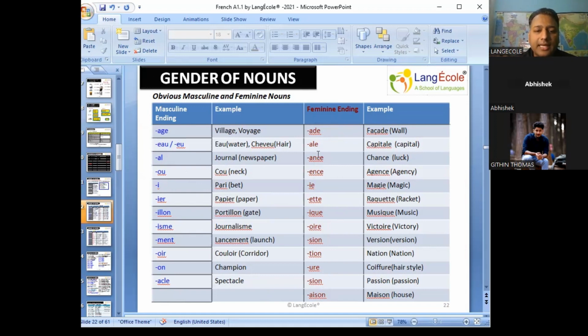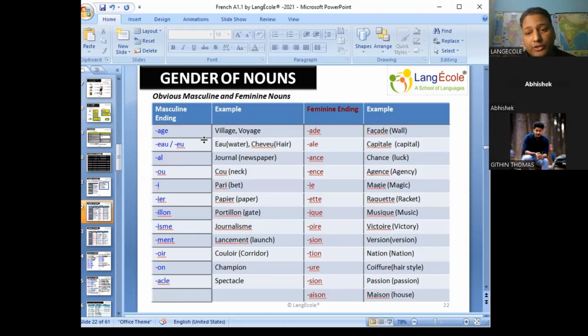Usually on this side, you will find most of them end with E for sure, and some of them with ION. But on this side you'll also find a few, very few, ending in a, and there are exceptions also. For example, livre ends with E, but it is not a feminine word, it is a masculine word.